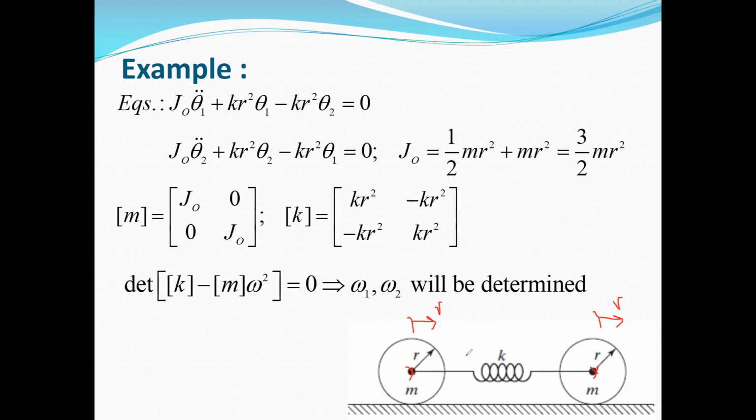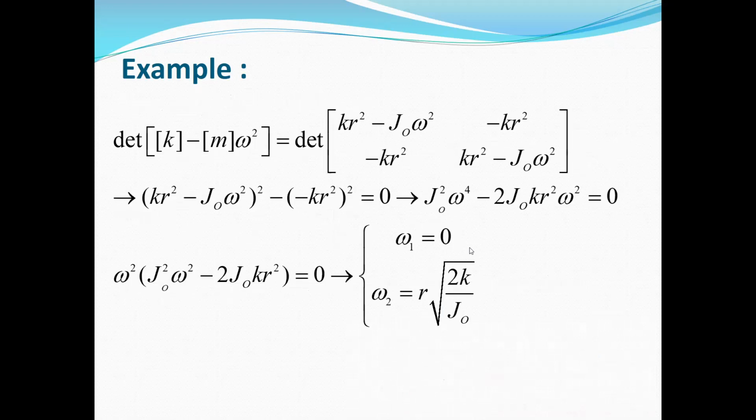So both masses will move as a rigid body, and the spring will not exert any force, because it's moving as a rigid rod connecting the two cylinders. This is from the physics of the problem, but from the equation of motion, we extract the natural frequencies and obtain that the first natural frequency is 0. So it means that this is a semi-definite system.